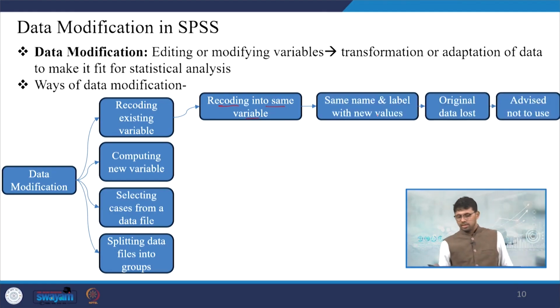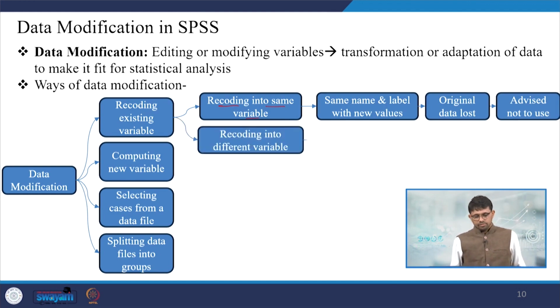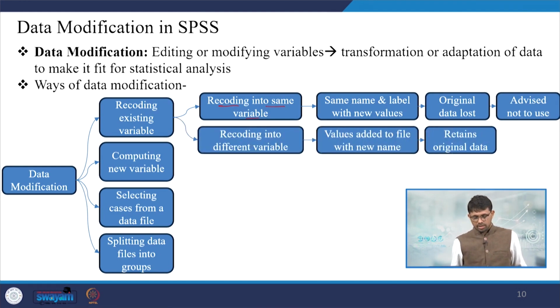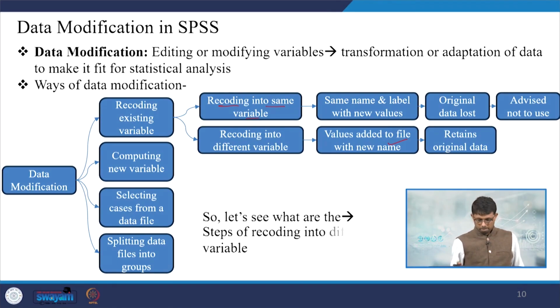Then the original data is lost, and it is advised not to use it with the same name. If you are recoding into a different variable, then values are added to the file with a new name, a new variable is created, and it retains the original as well as the new.